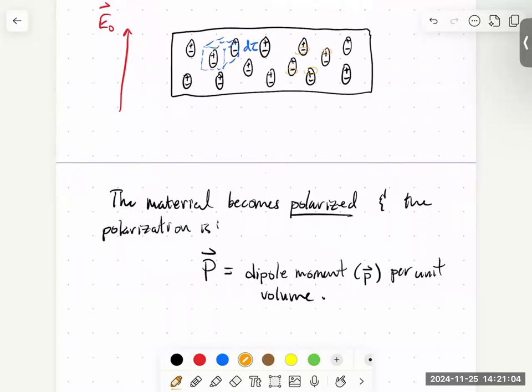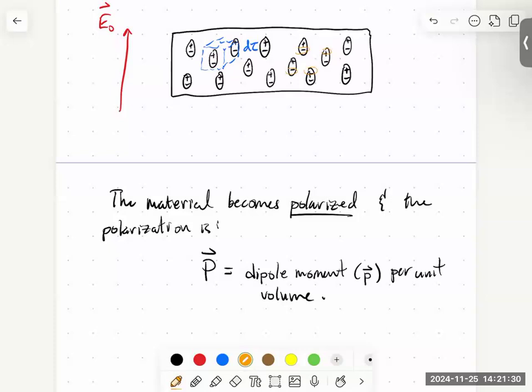But what won't cancel out is the fact that we've got this kind of collection of positive charge near the top and a collection of negative charge near the bottom. And so if you have that separation of charge, it's going to create its own electric field. And our first goal is going to be to try to calculate the electric field due to the polarized object itself.